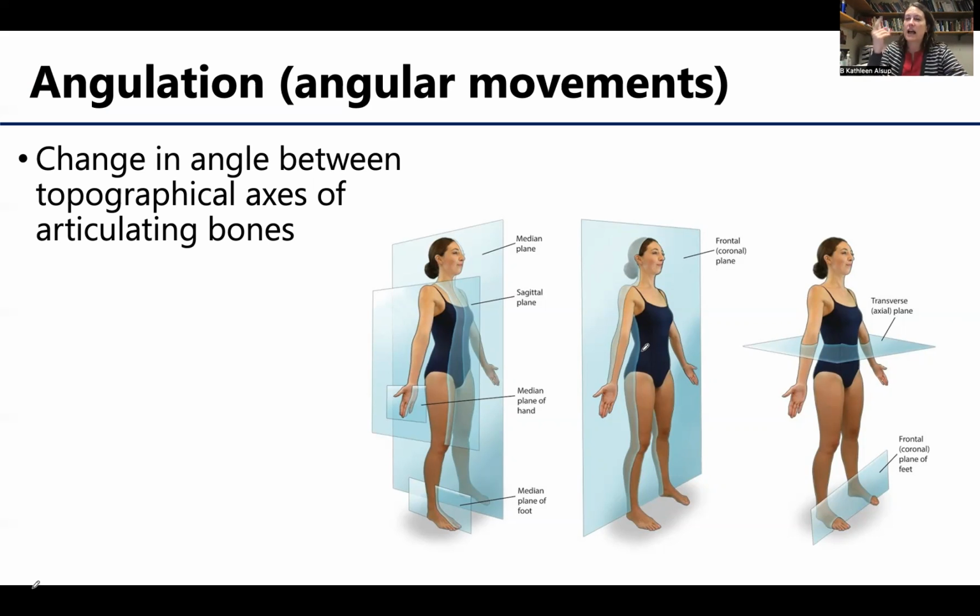Okay? So some of these actions you'll be thinking about occurring in more of a frontal plane or say more of a sagittal plane. And then of course the reminder of the transverse or axial plane, excuse me, will split the body into superior and inferior parts. And you can have multiple transverse or axial planes, similar with the frontal planes and sagittal planes.